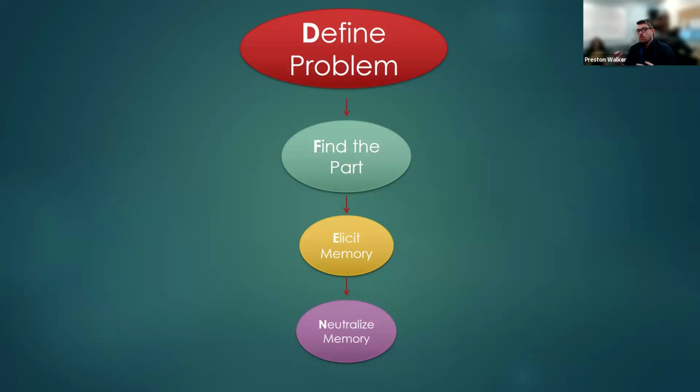So what this would look like, say someone comes in, I'll give you a real example. At one of the trainings that I did, there was a volunteer and he said he had a phobia of elevators. So that was the problem that he defined. So we had him notice that emotion, found that part of his personality that carried that emotion.